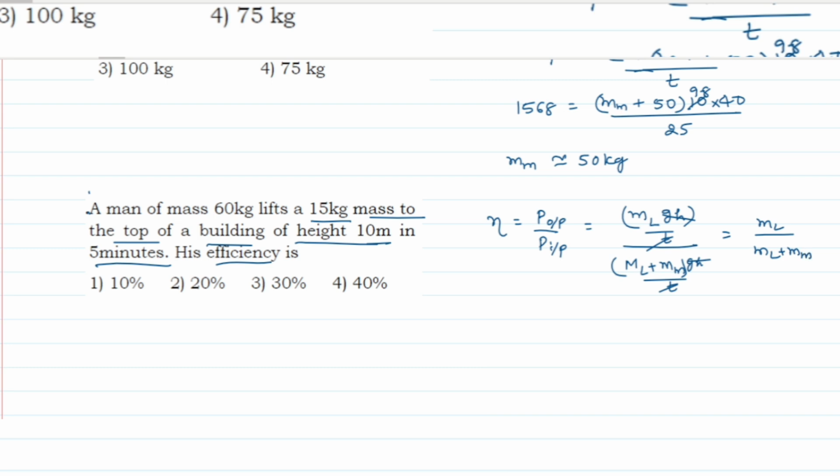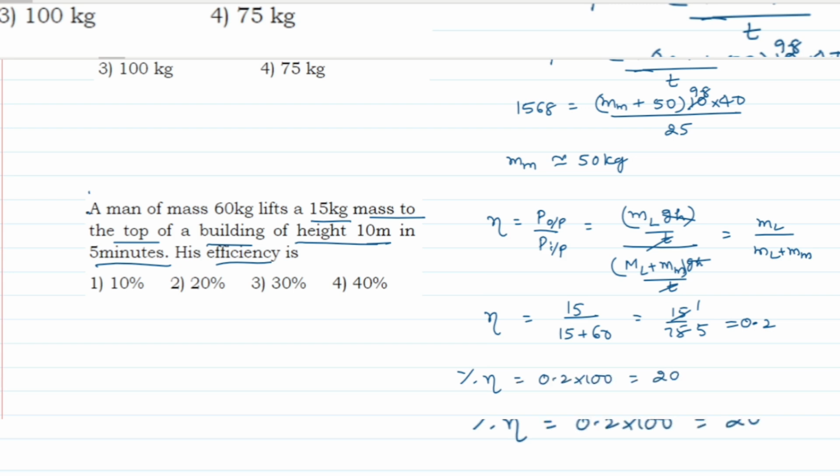So efficiency is 15 by 15 plus 60, which is 15 by 75, which is 1 by 5, which is 0.2. Efficiency is asked in percentage, so 0.2 into 100 gives 20%. So this is the correct answer.